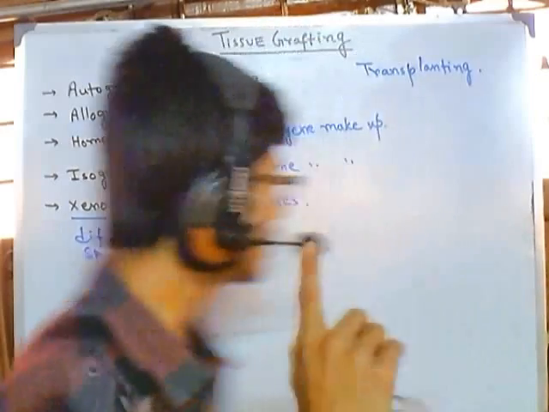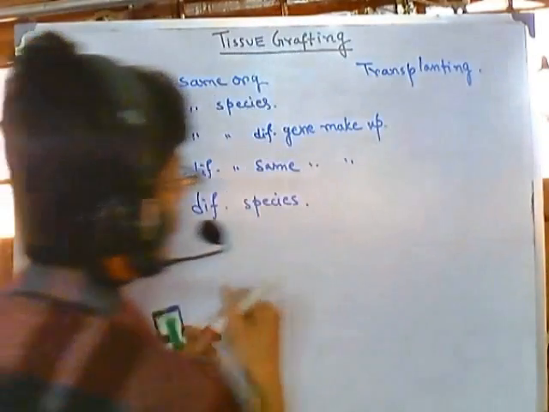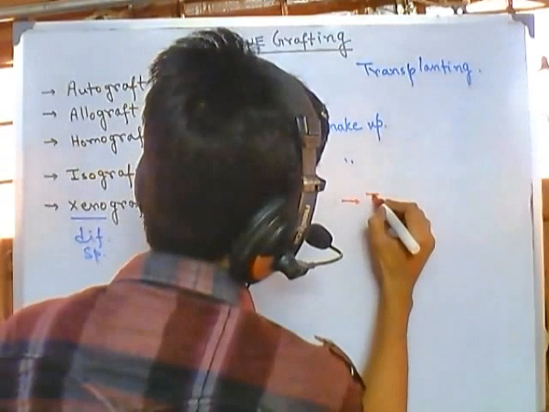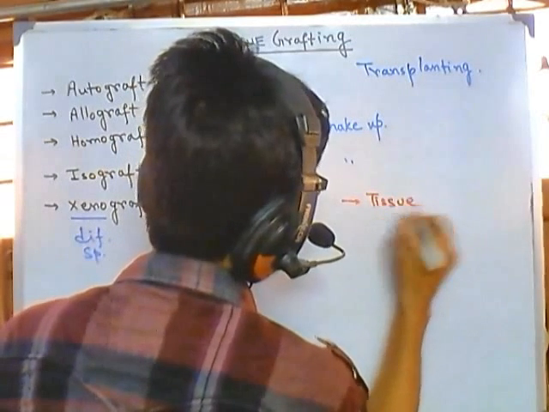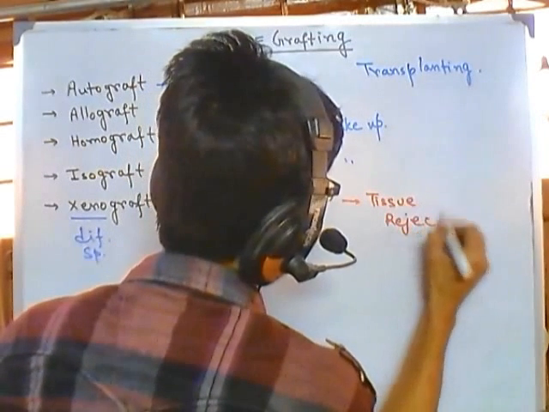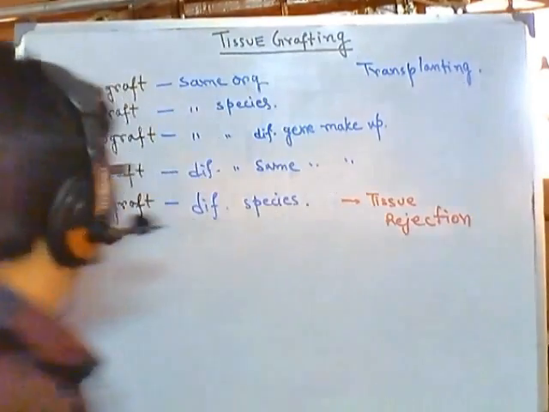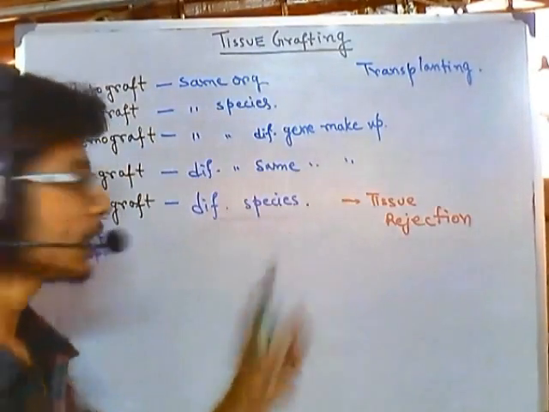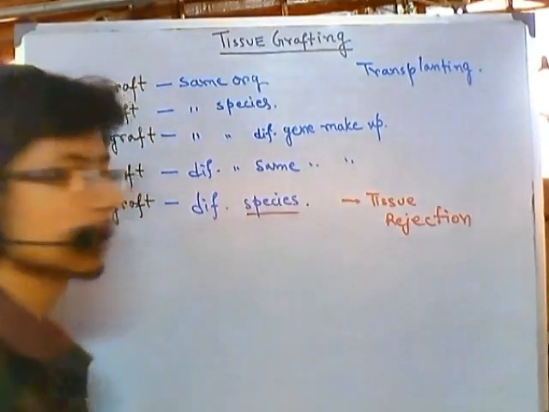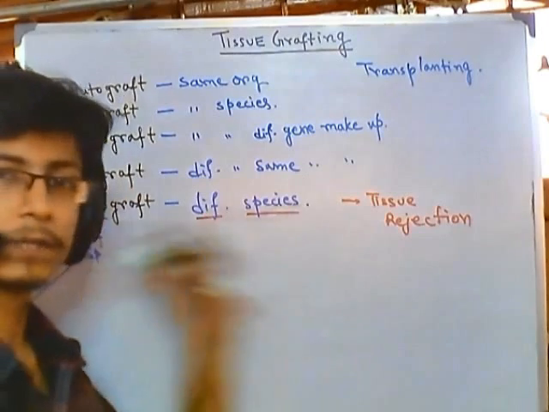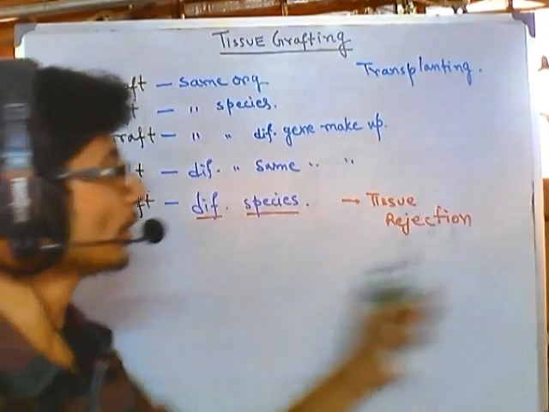So this thing is very important about tissue grafting, that is tissue rejection. This is a kind of problem always associated with xenograft, because in this case we always transfer tissues between different species, so there is always a chance of tissue rejection.